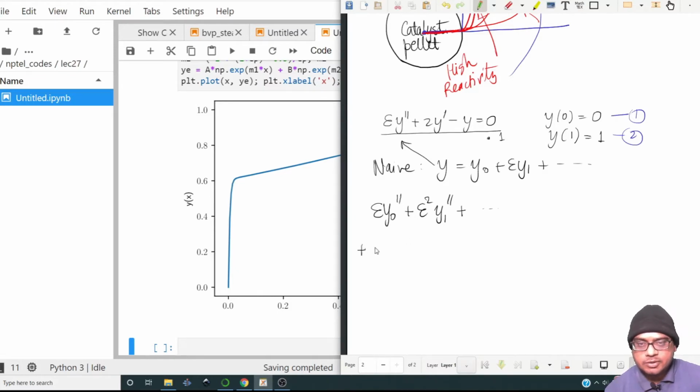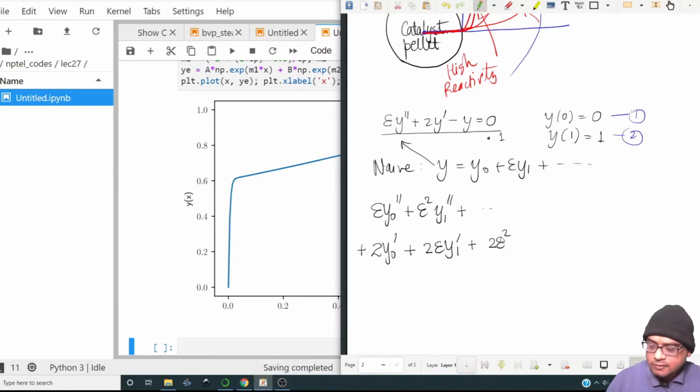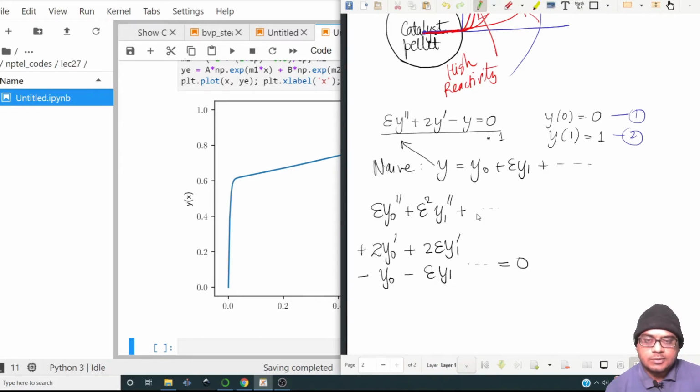The second term will be plus 2 y0 prime plus 2 epsilon y1 prime plus 2 epsilon square, we don't care about the epsilon square terms, minus y0 minus epsilon y1 and so on. I'm just writing the maximum order as epsilon square, but we don't want to go so far, so we can drop this as well.